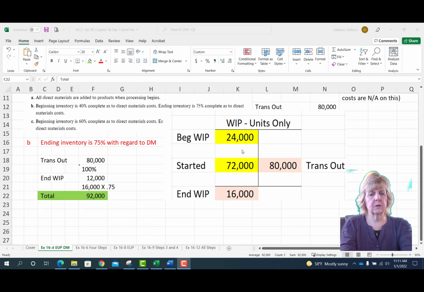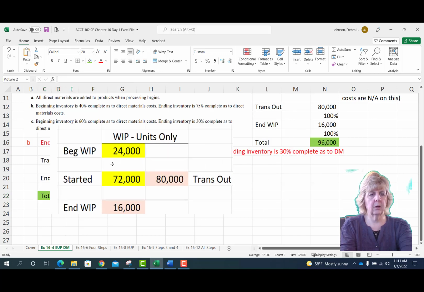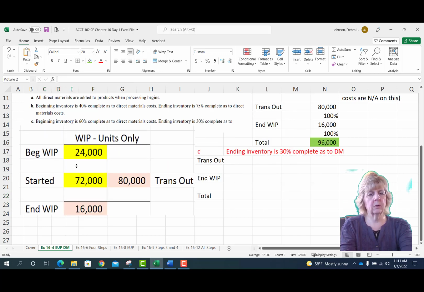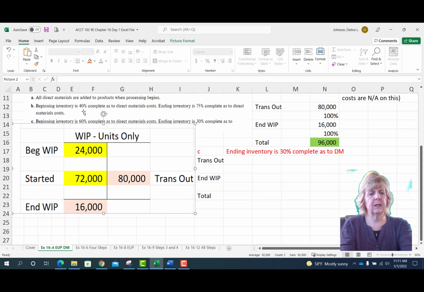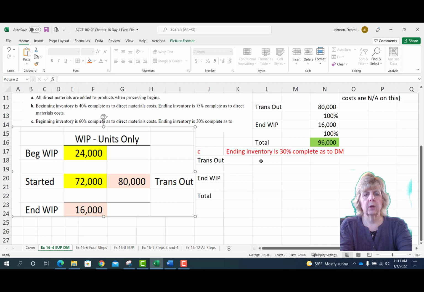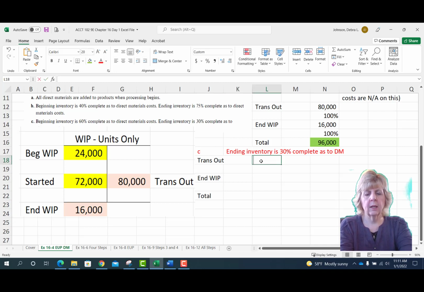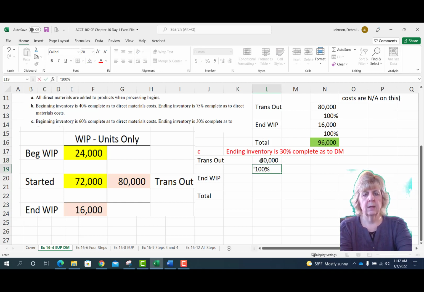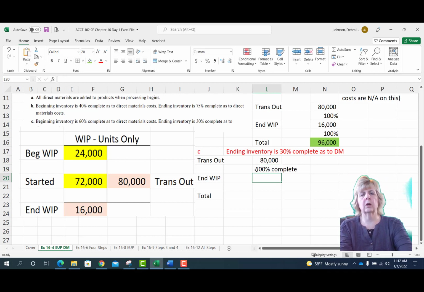Moving on to letter C, and let me move my T accounts over. Once again, beginning WIP percentages are completely ignored. What we want to focus on is how far along did we get with respect to materials. Well, once again, all 80,000 units are considered 100% complete anytime that we use weighted average costing, and ending WIP was 30% complete.